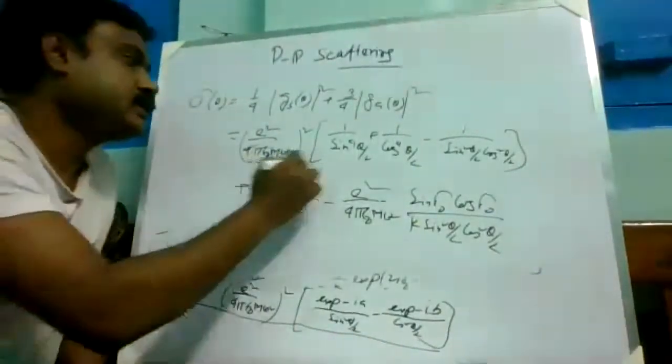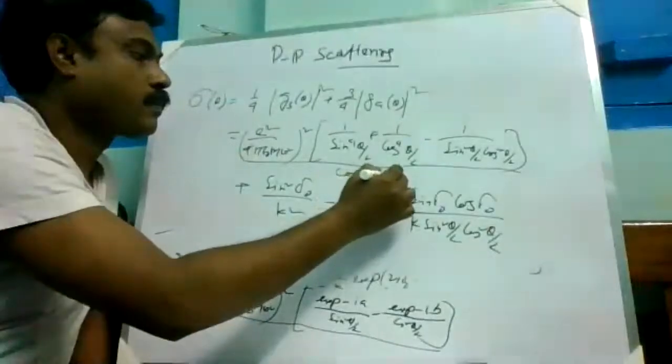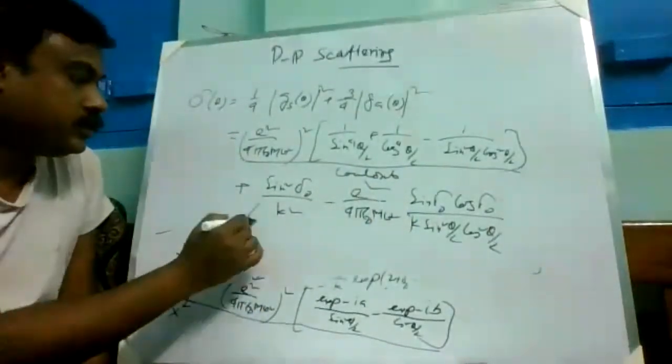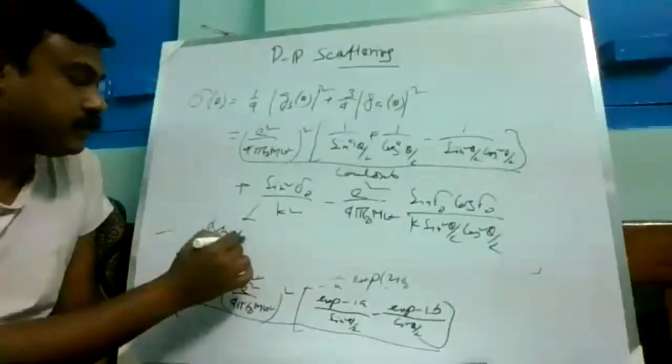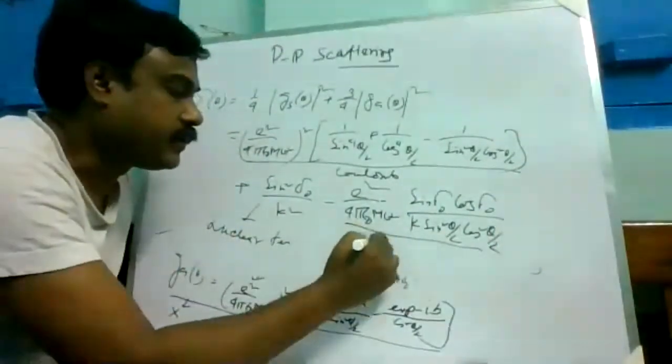So we know this is the Coulomb term, this is due to the nuclear force, the nuclear term, and this term is the interference.